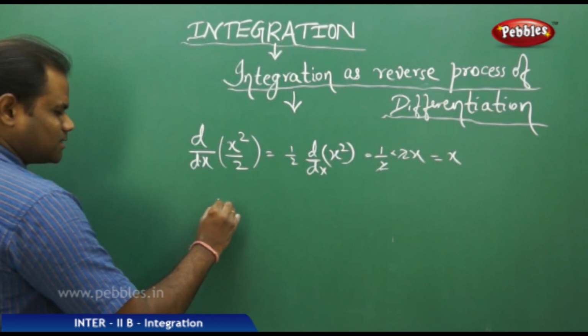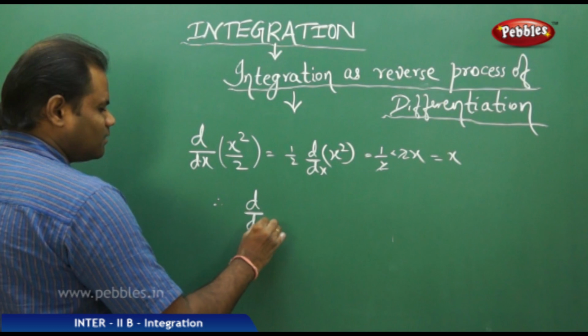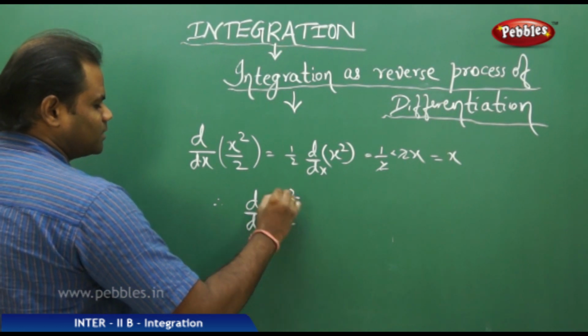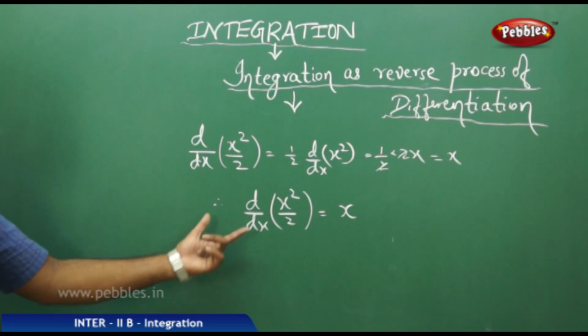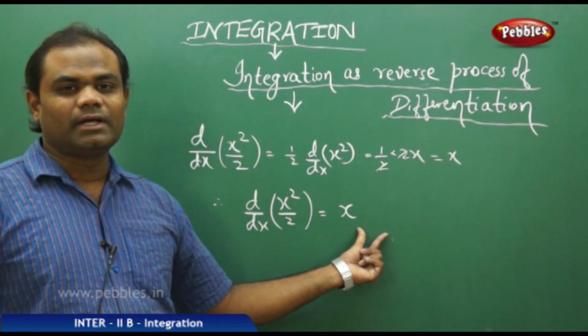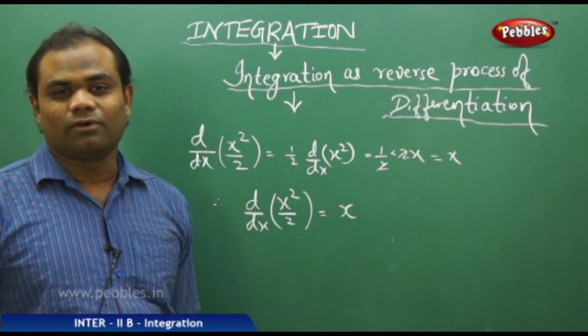Therefore, the derivative of the function x squared by 2 is nothing but x. This is how we understand the differentiation of a function as simplified with the respective formulae.